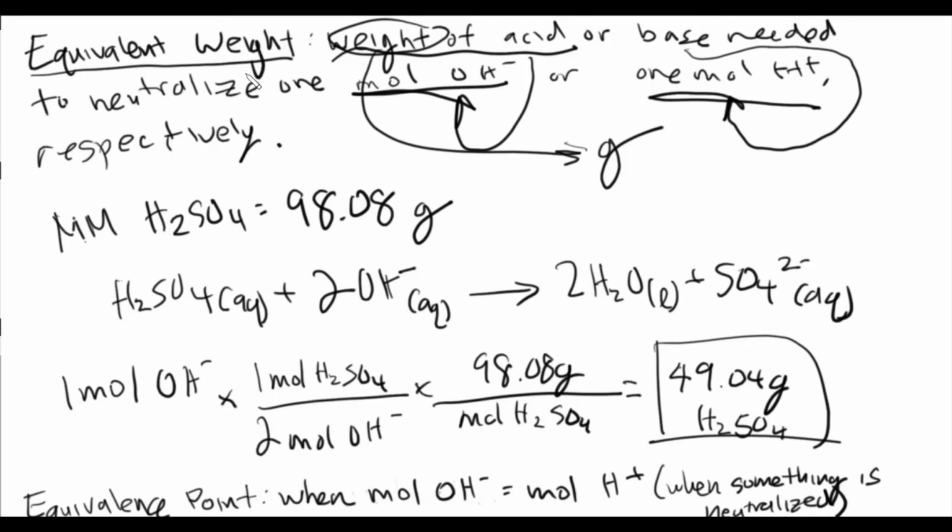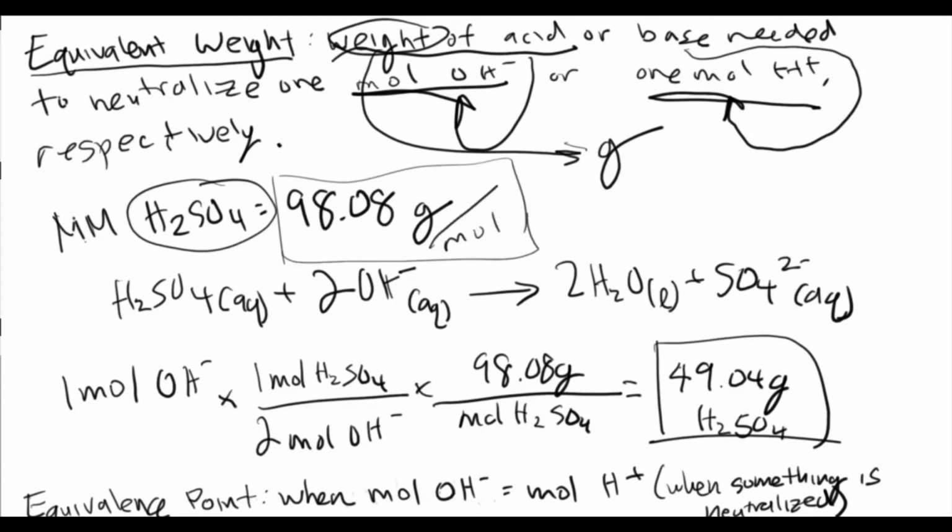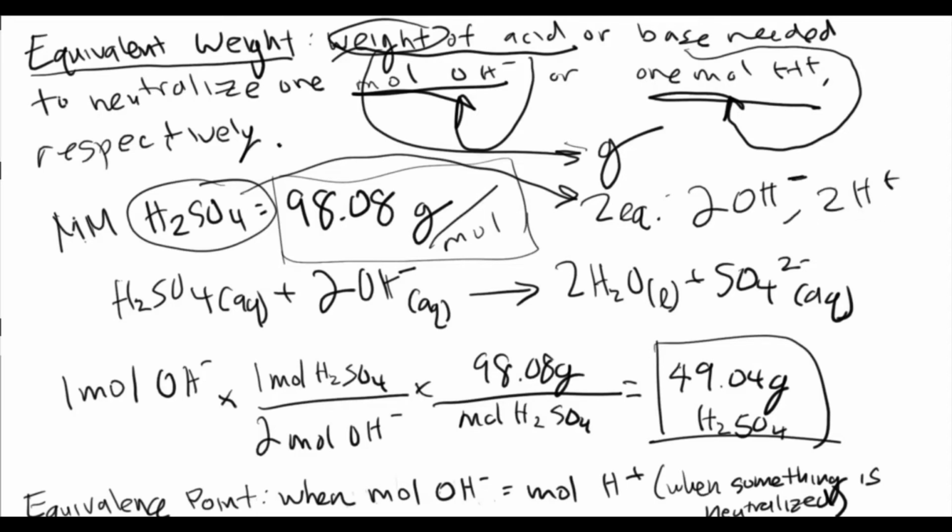Let's find the equivalent weight for sulfuric acid, which has a molar mass of 98.08 grams per mole. So we know that 1 mole of H2SO4 has 2 equivalences, which means that it can react with 2 OH minuses at most, since it has 2 H pluses.